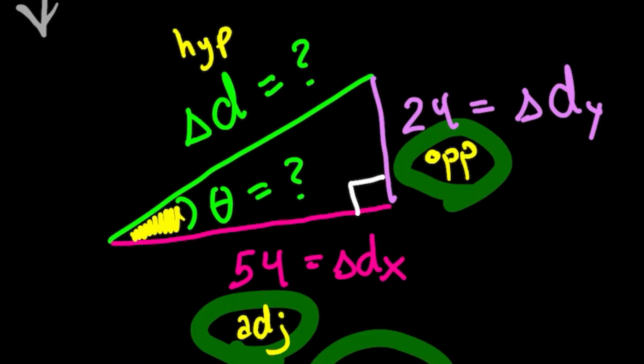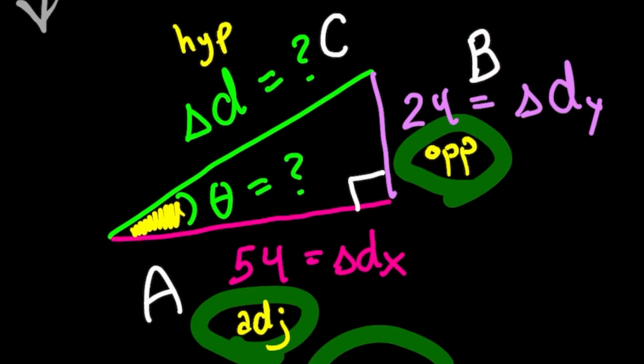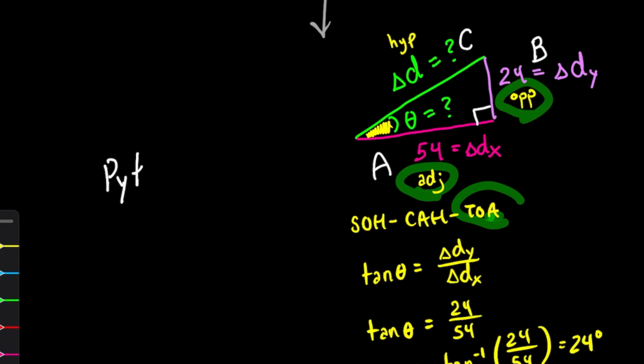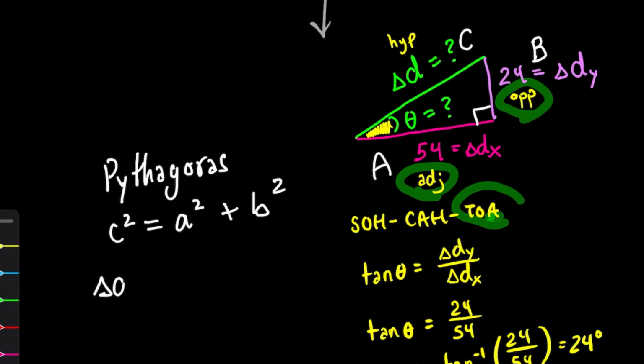And once again, recall that we're dealing with right angle triangles, so we can apply Pythagoras, where C is the hypotenuse and we have A and B for the other two sides of the right angle triangle. So C squared equals A squared plus B squared. C squared is going to be delta d, and the other two are the component vectors.